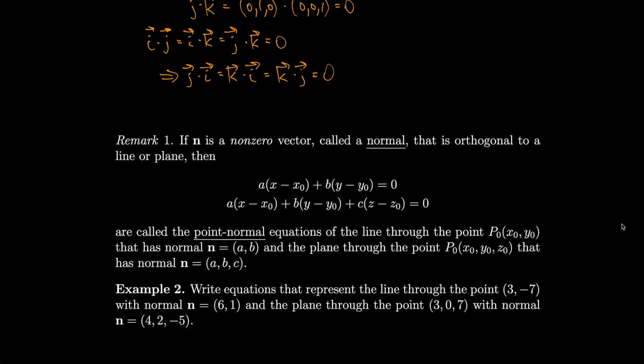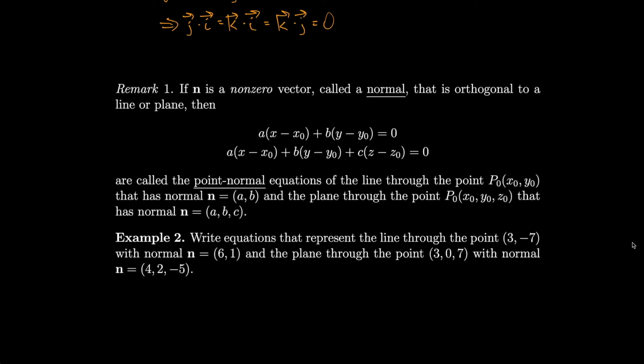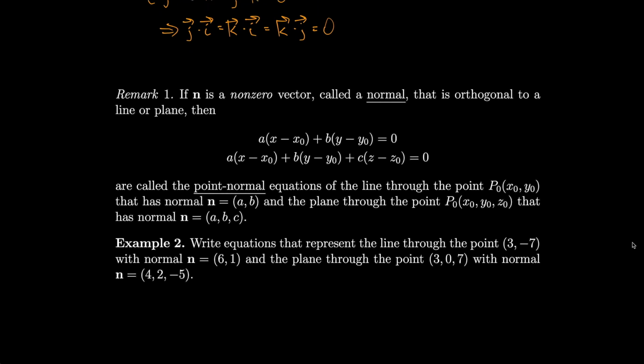As an example, let's write equations that represent the line through the point (3, -7) with normal n equals (6, 1), and the plane through the point (3, 0, 7) with normal n equals (4, 2, -5). So we'll take 6 times (x minus 3), add that to (y plus 7), and set that equal to 0.